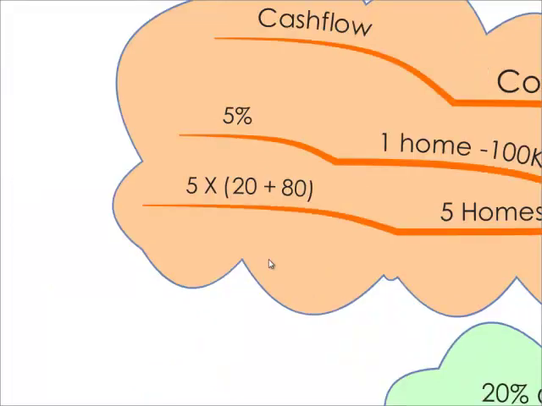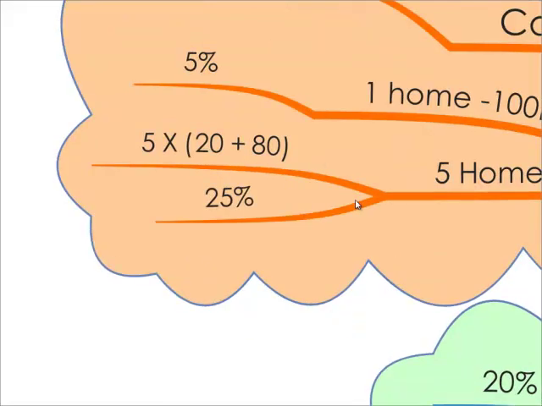You would buy the home, put 20% down, the bank will give you 80%, and you would end up doing that 5 times, because you've got $100,000 and 5 times 20 uses up your $100,000. Now, by doing that, purely from a capital appreciation perspective, assuming a 5% increase in the value of the home, you're looking at increasing your return on investment to 25%.